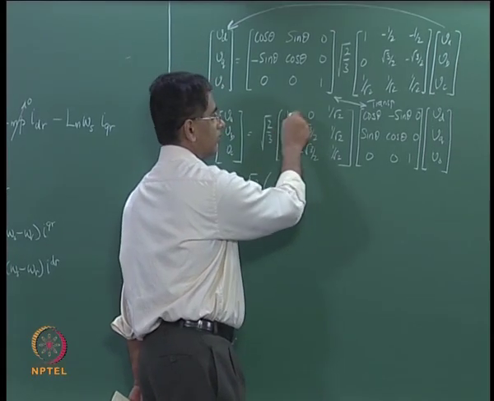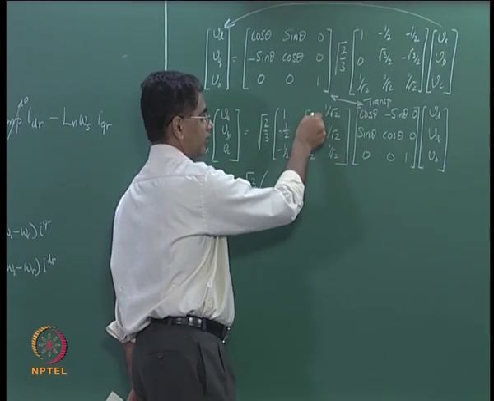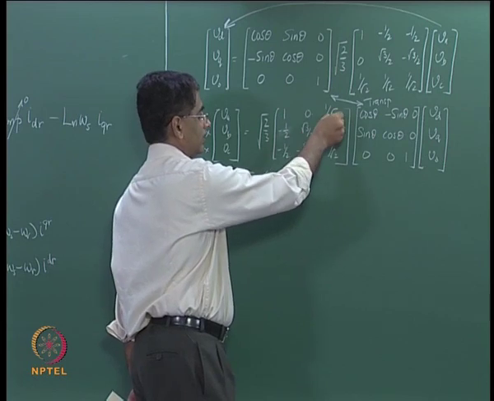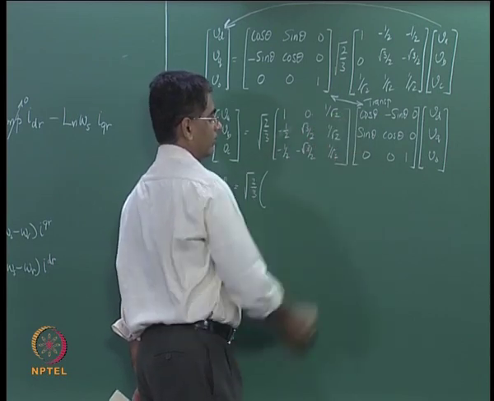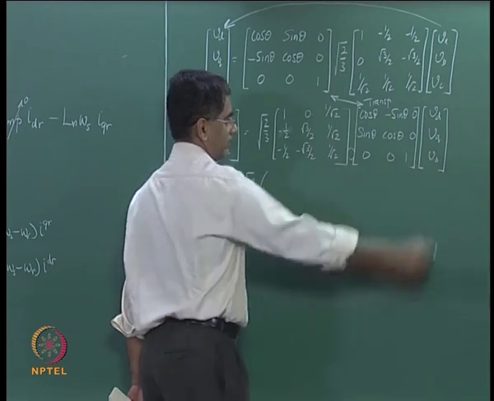The first term alone is going to be of importance, the second term in this is multiplied by 0, and the third term is going to come here, and this term is going to be 0 because V naught is 0.